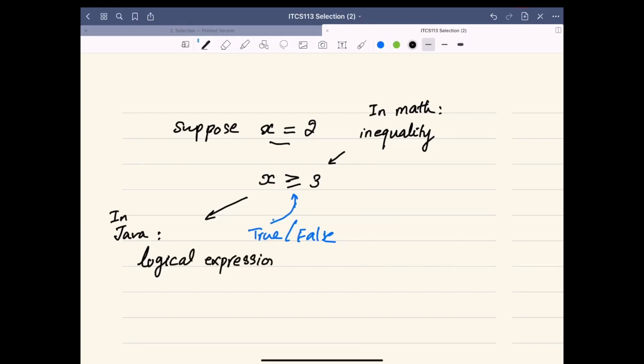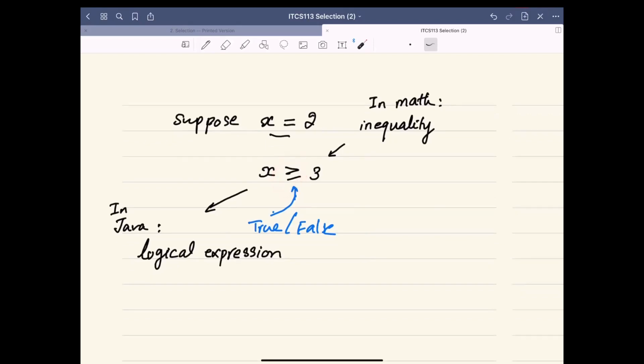Logical because it has an answer either true or false. Expression because it involves numbers, variables, and sometimes plus, minus, and so on. So how do we represent logical expressions in Java? Of course, we cannot have this symbol on the keyboard, so we should know how to write it in Java.